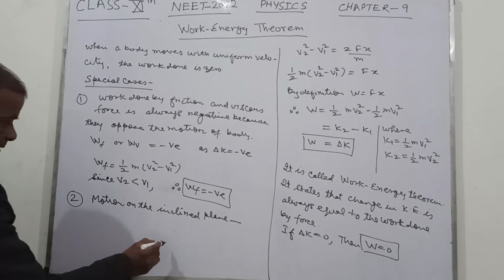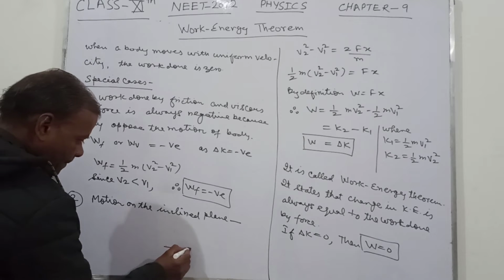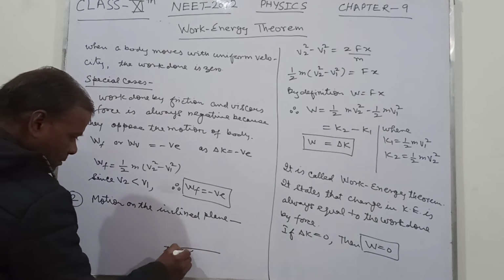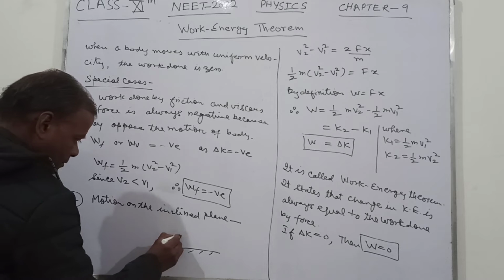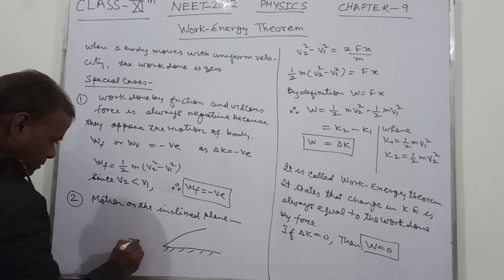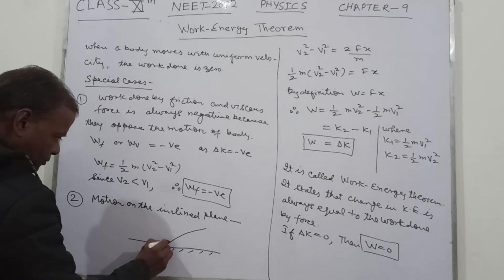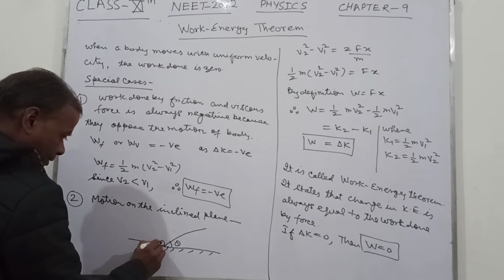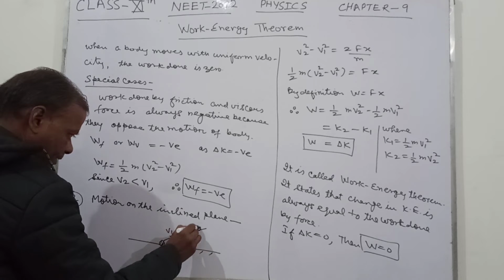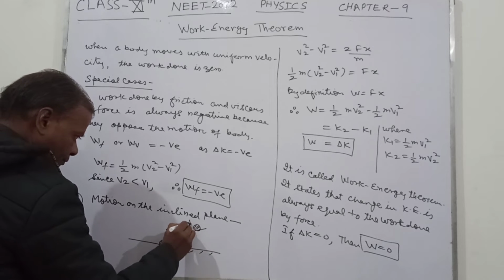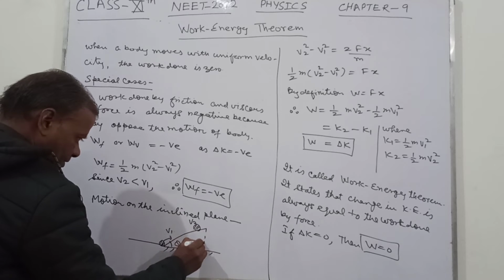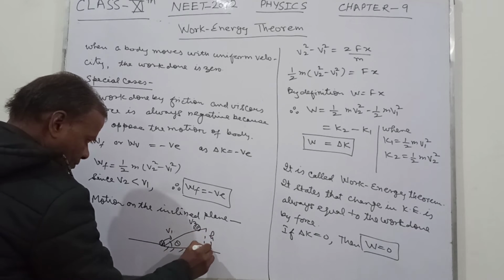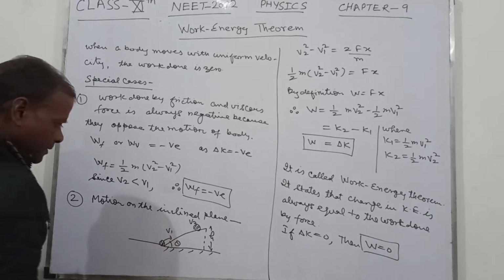Suppose this is the inclined plane with angle theta, and the body is moving from here, its velocity is v1, and here it has the velocity v2. Let the height from here be h.